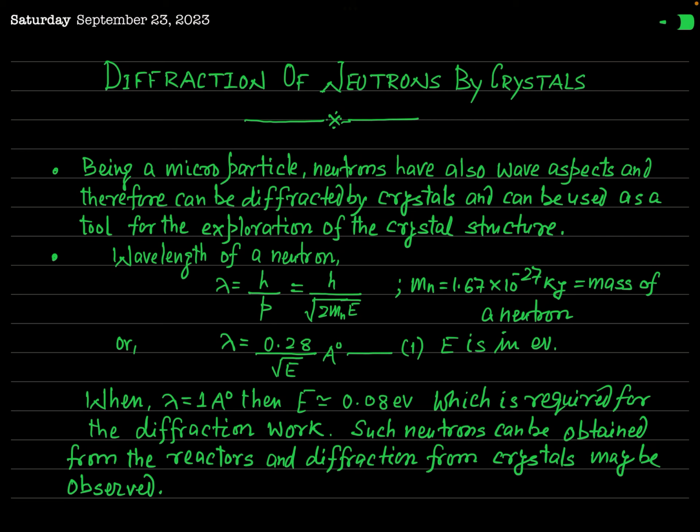Actually, the neutron diffraction by crystals is therefore also in order in connection with the exploration of crystal structure. Okay. As you have seen in the earlier lecture, we have just discussed the comparison between the diffraction of X-rays by crystal and diffraction of electrons by crystal.